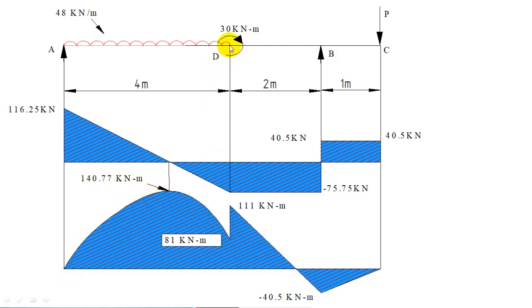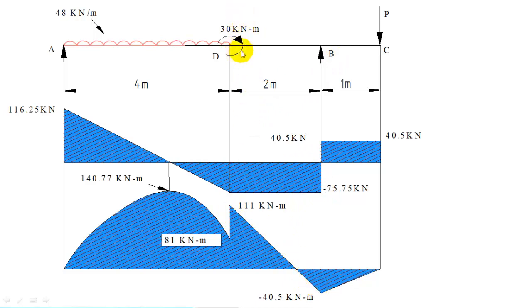And at this point we know, since the couple is acting, the bending moment is suddenly increasing by 30. So immediately left of D to right of D you have that change. Immediately right of D you have calculated the bending moment 111, and at B it is minus 40.5, and the variation is going to be linear because shear force is constant or no load is acting, so bending moment is going to vary linearly.